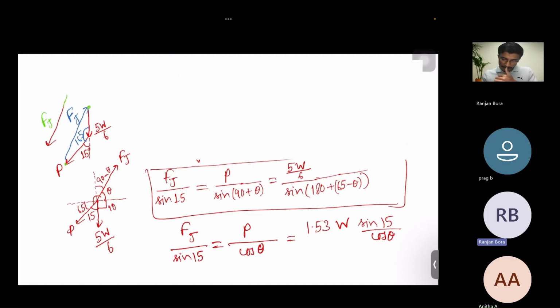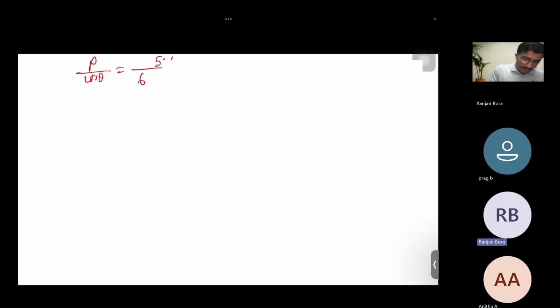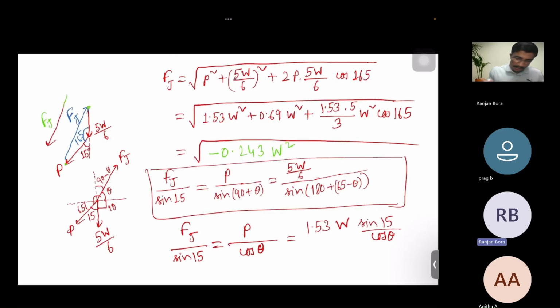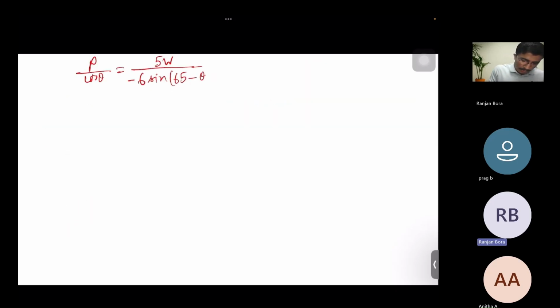So we can separate sine 1, it will be minus sine 65 minus theta.